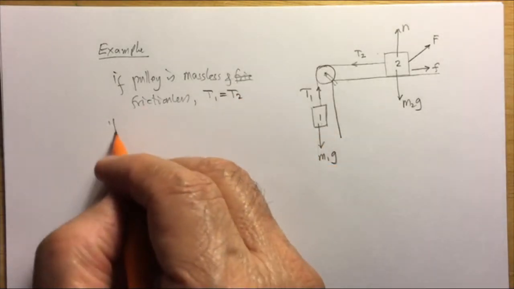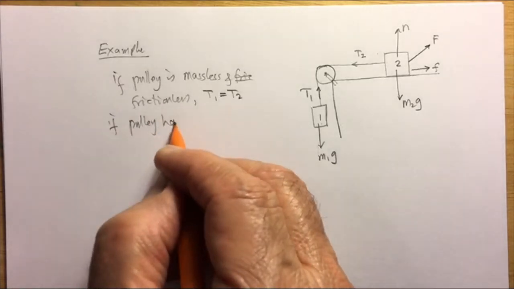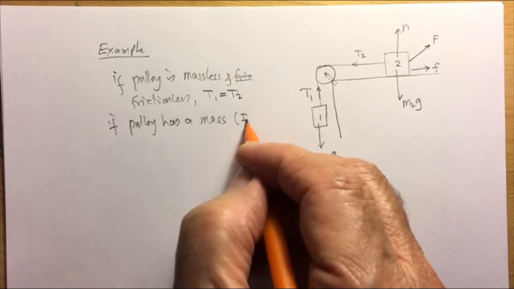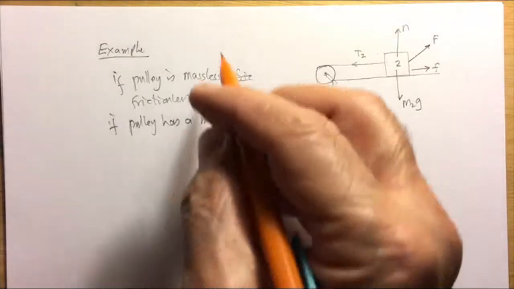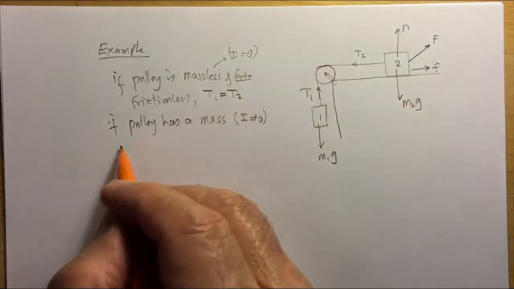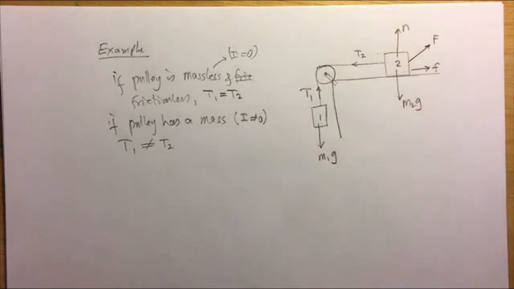But if the pulley has a mass, which means a moment of inertia not zero, and being massless means the moment of inertia is zero, in that case T1 is not equal to T2, and so we do need to write it as T1 and T2.